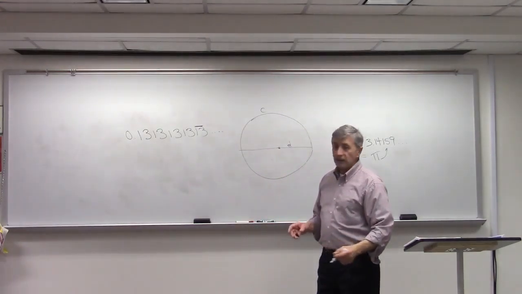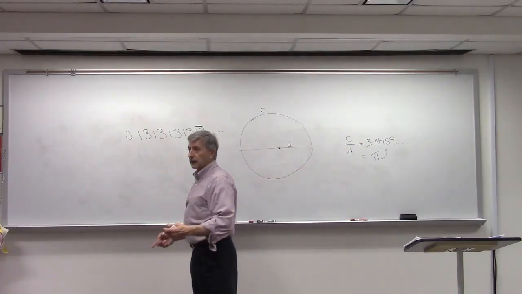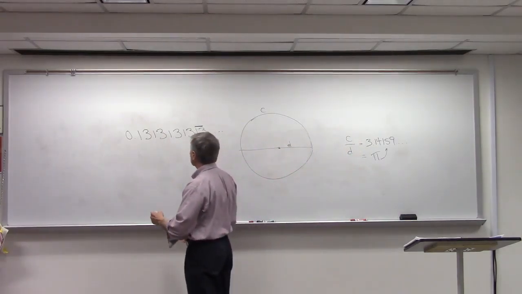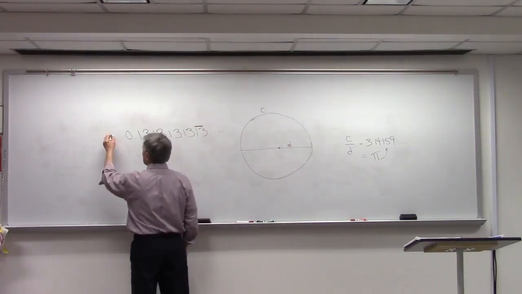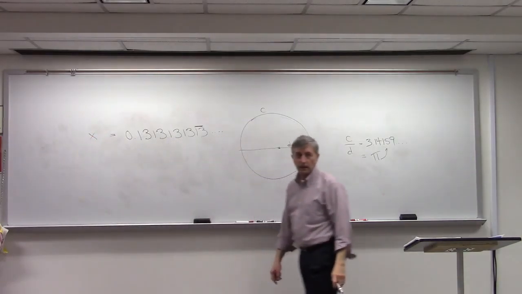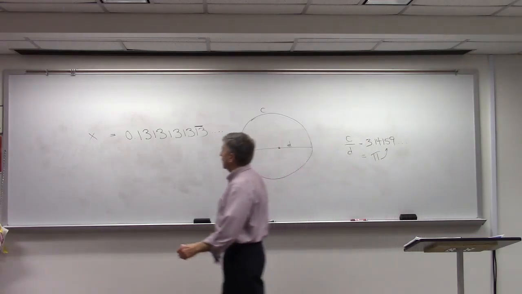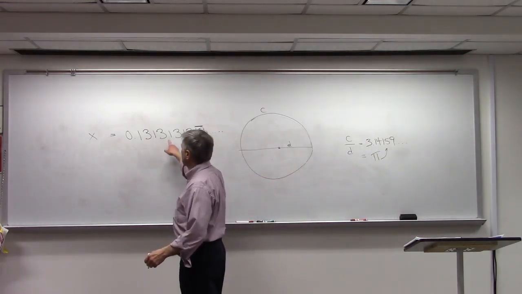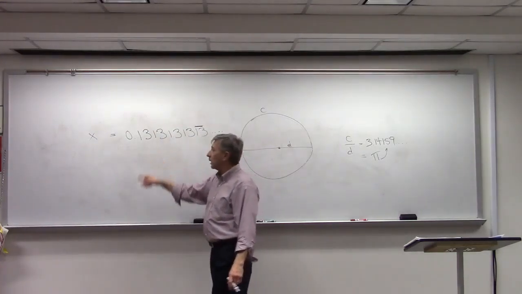So let's see if we can express that as a fraction. And I'll need you to confirm this with your calculators. What I'm going to do is I'm going to let that number be x. X equals that decimal, 0.131313, etc. All right? And what I'm going to do now is multiply both sides of that equation by 100.